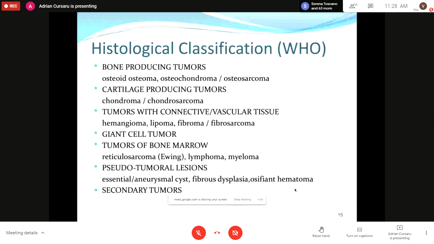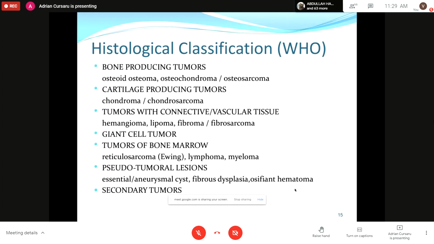Other types of cells we have in pseudotumoral lesions: aneurysmal bone cyst, fibrous dysplasia, or resorbing hematoma. And other types of malignant bone tumors could be secondary tumors. In that type of secondary tumors, we are discussing tumors that could have all the types of cells from the primary tumor.